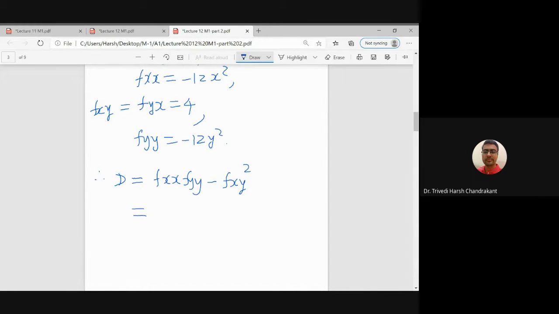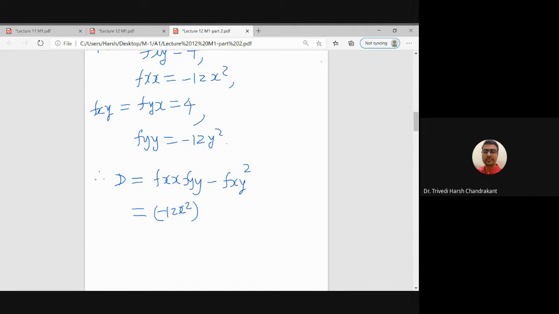So what will that be? fxx is minus 12x square, fyy is minus 12y square, minus 4 into 4, that is 16. So finally we get 144 x square y square minus 16. This is what we are getting as the discriminant.